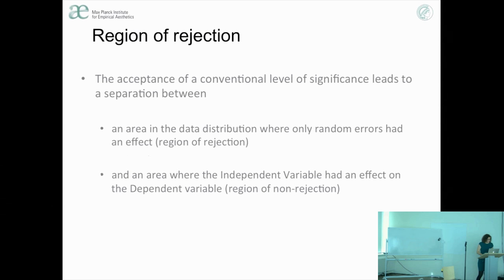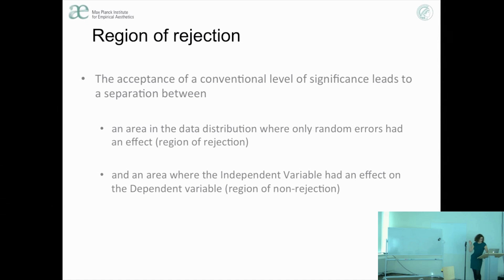So to help you determine whether to reject your H0, your null hypothesis, you can make use of what is called the region of rejection. With the acceptance of a conventional level of significance, that leads to a separation between areas in your data distribution.